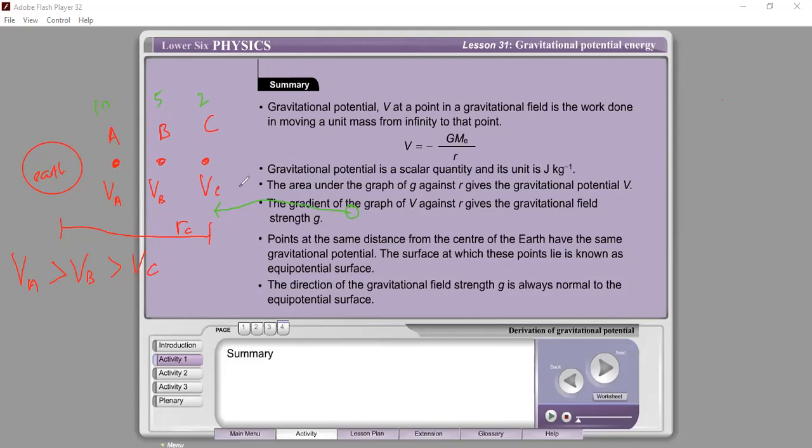That means to move it from here, 2 joule is enough. To move the object from here to B, 5 joule is needed, if this is a 1 kg object. If I move it from here to A, I need 10 joule.